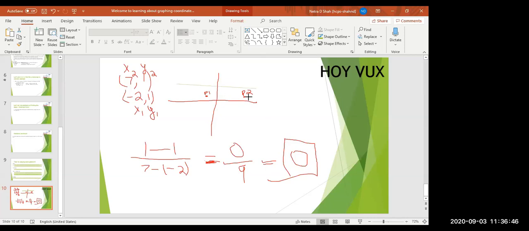Sorry, I drew that wrong. But say it's vertical, which is right here, then the slope is undefined and you try to find the x-intercept, if that makes sense.